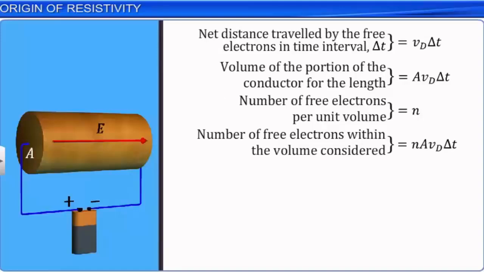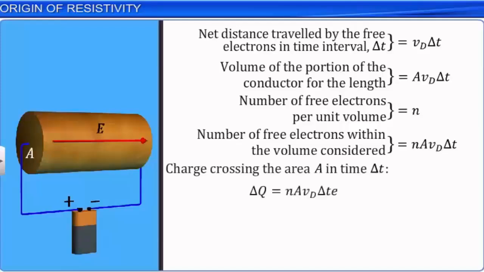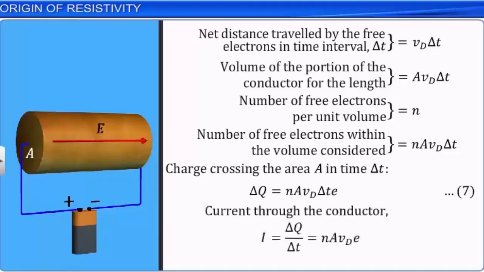Hence, the charge crossing the area A in time delta t is given by delta Q is equal to n A Vd delta t e. Let this be equation 7. From equation 7, we get current through the conductor I is equal to delta Q by delta t, which is equal to n A Vd e.